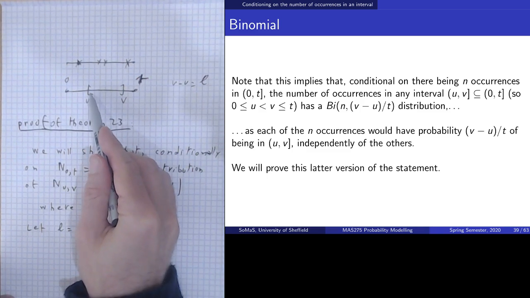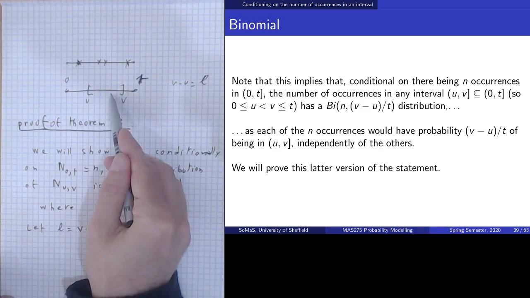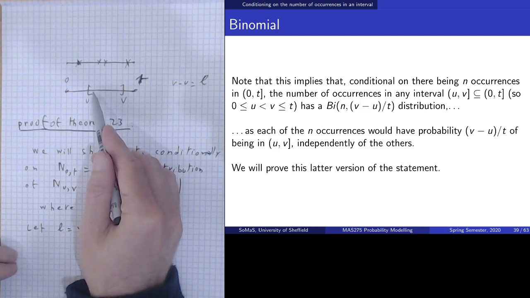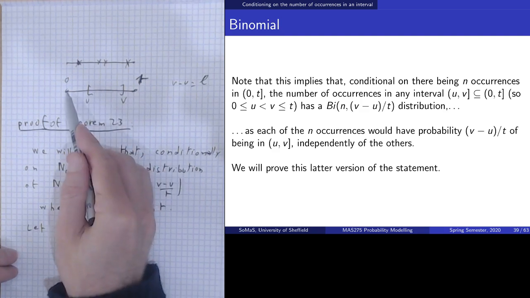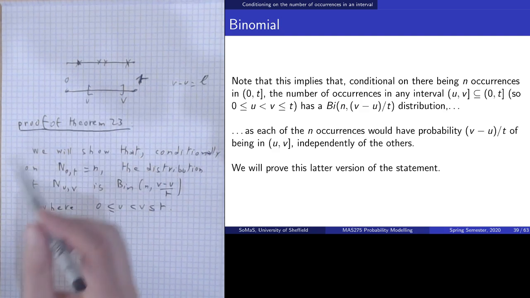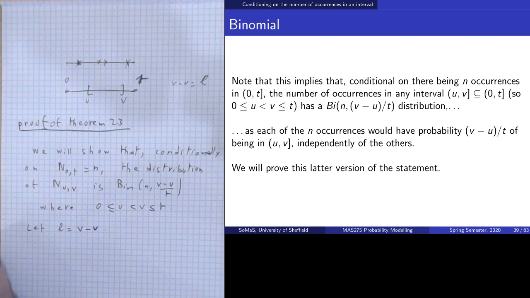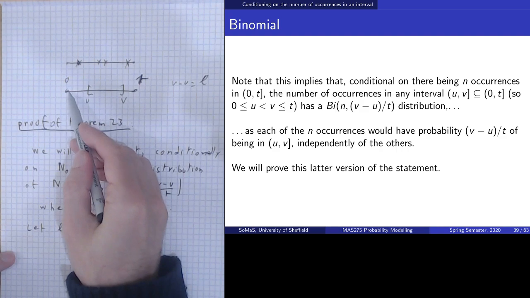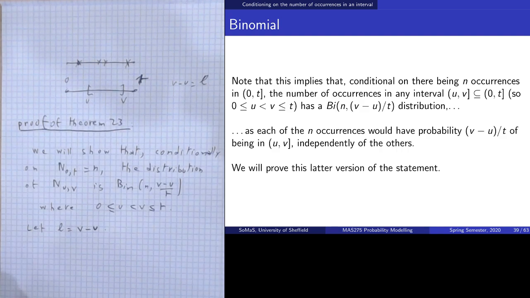And those who land inside this smaller interval is a smaller Poisson variable. And the difference between the two is, of course, what happens here plus what happens here. But we know the distribution of all of these. So N_{uv} is Poisson, N_{vt} is Poisson, and N_{0u} is also Poisson. So we can actually compute things directly.